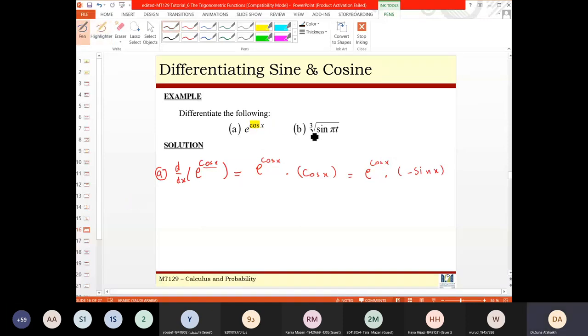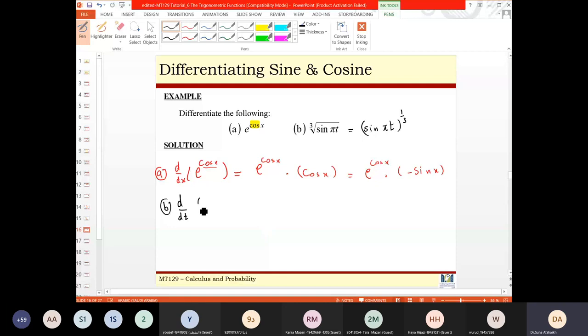Now the second function is the third root of sine pi t. Whenever I have a root, I have to change it to a power. What does the third root mean? It's to the power 1/3. That's correct. Now in part B, to find d by dt, I am differentiating with respect to t.